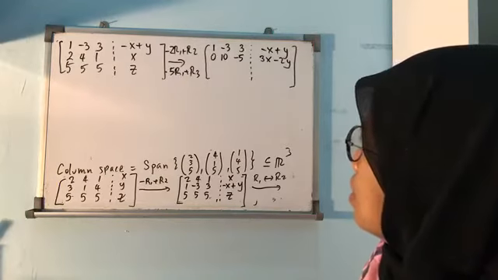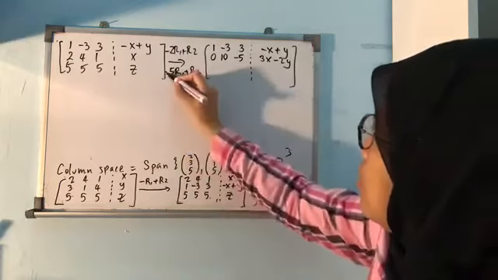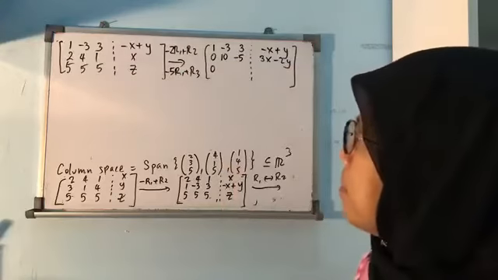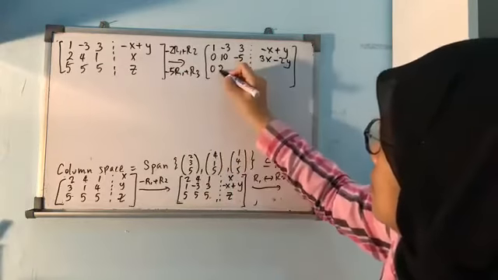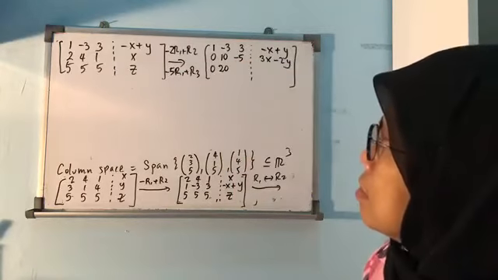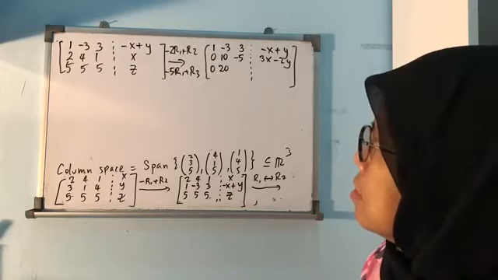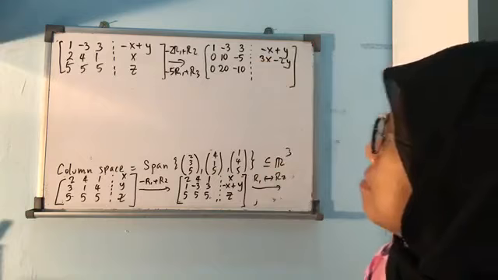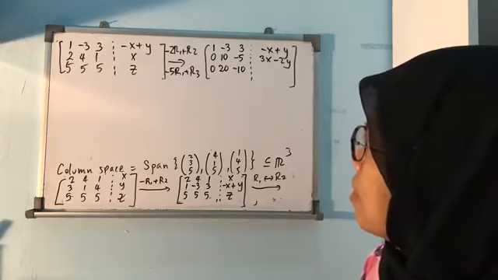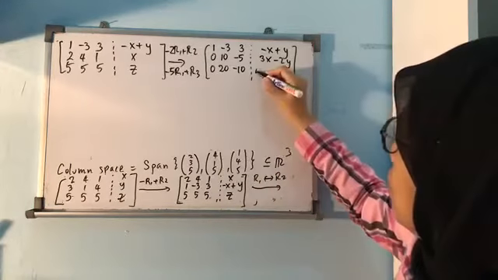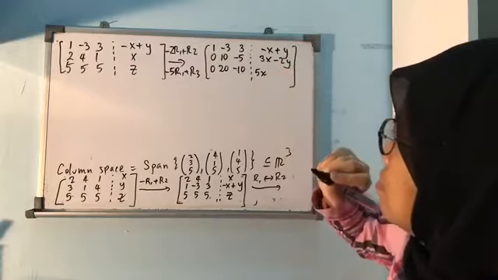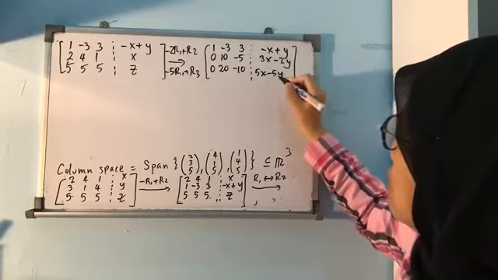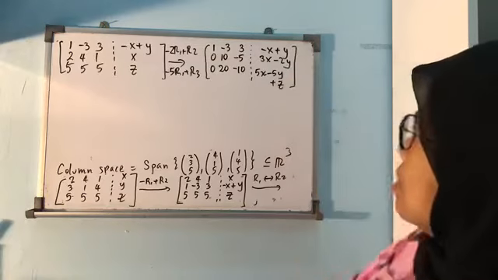Okay, and negative 5 r1 plus r3: 0, 20, negative 10, 5x, minus 5y plus z.